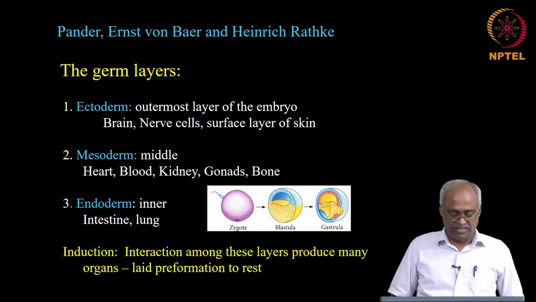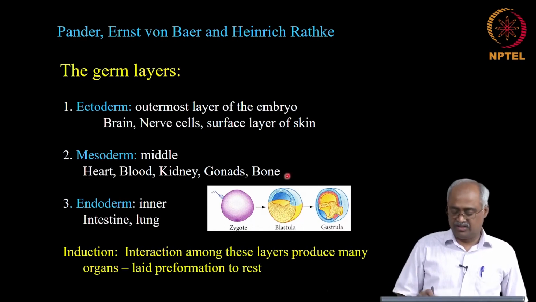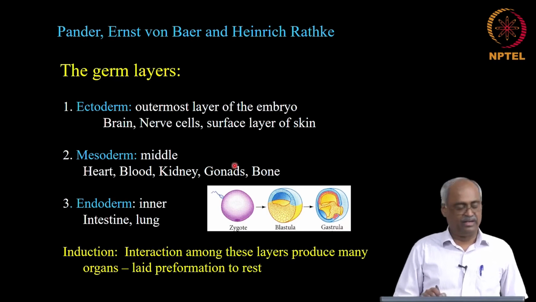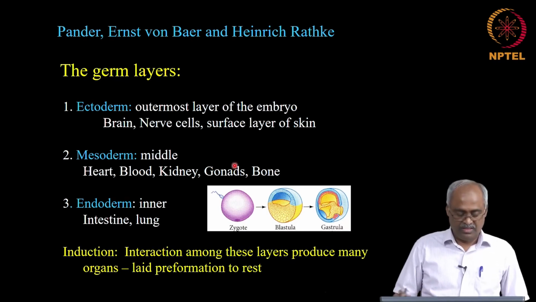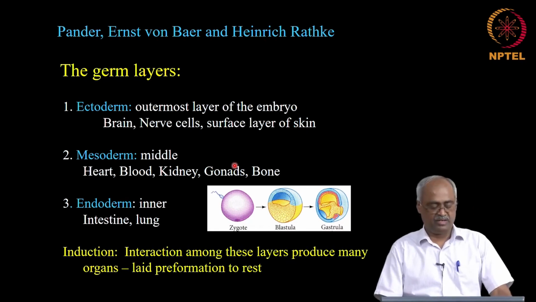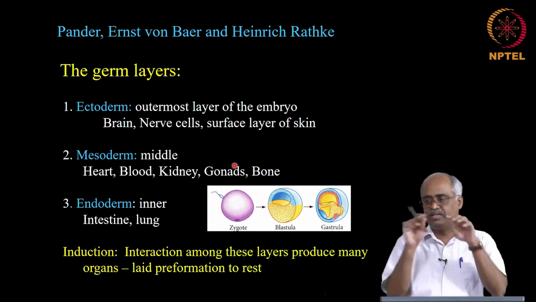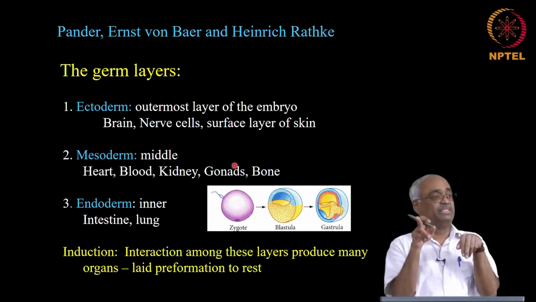So during that cell migration, the cells that go in finally give rise to the internal organs, heart, blood, kidney, and so on. And endoderm, the innermost cells that form the intestine and lung, in the luminal part of the tubes. The external is mesoderm again.